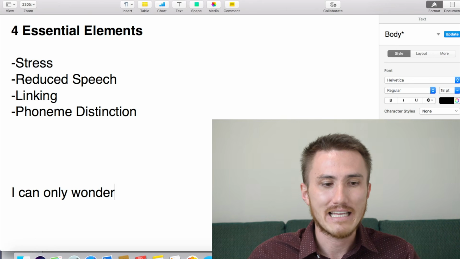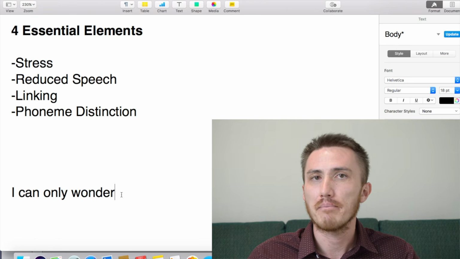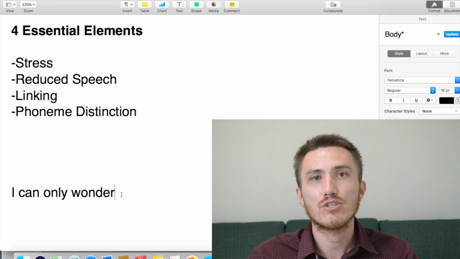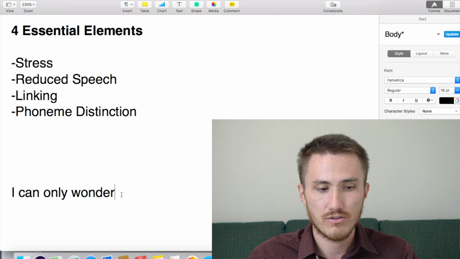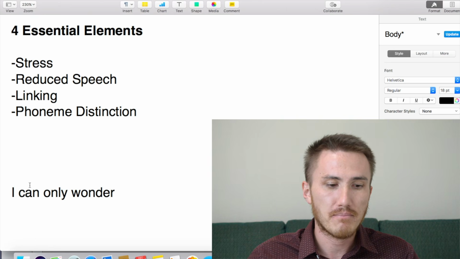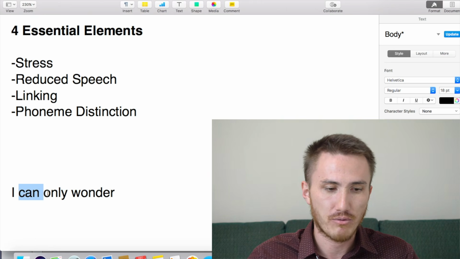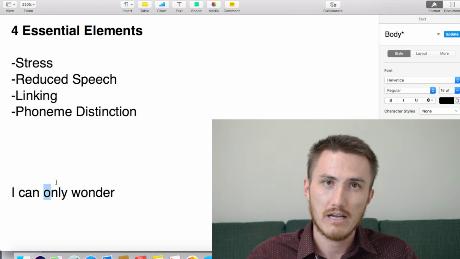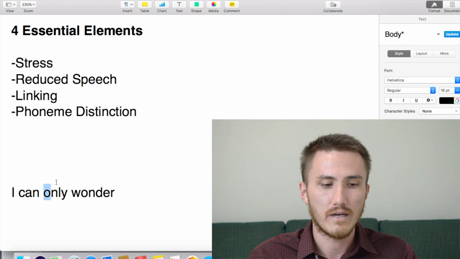So next, let's look at linking. Linking is what happens when a word ends with a consonant sound and the next word starts with a vowel sound, okay? We have a word that ends with a consonant sound, an N sound, and the next word starts with a vowel sound, only, O, right?